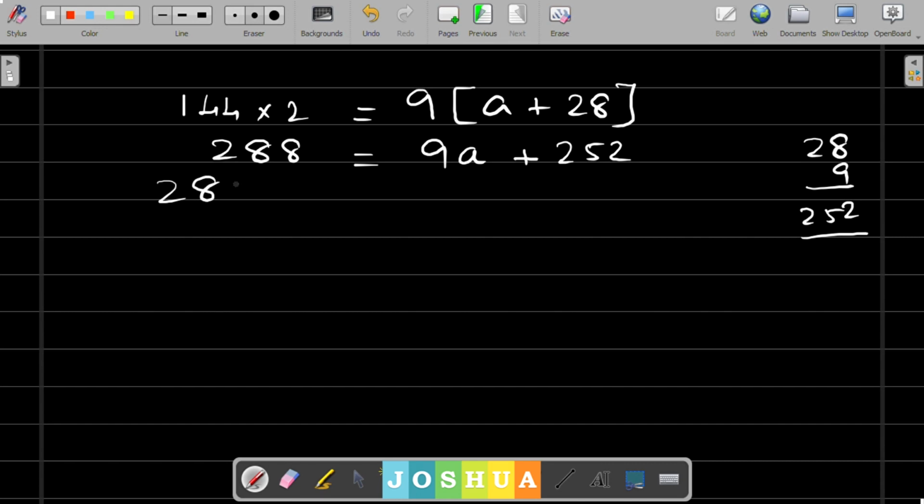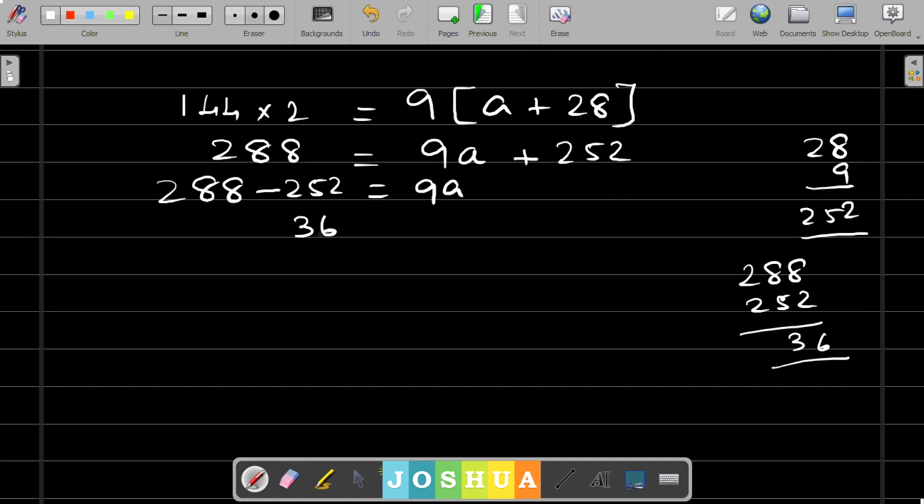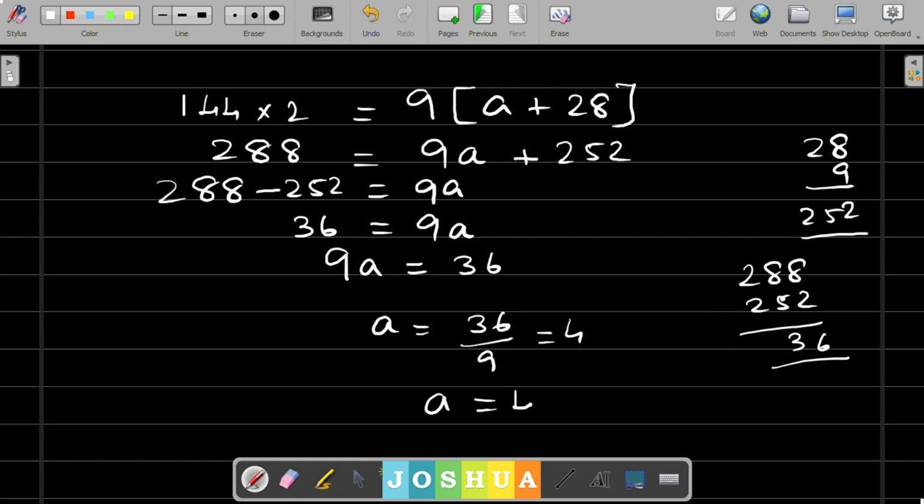So 288 minus 252 is equal to 9A. 8 minus 2 is 6, 8 minus 5 is 3. So 36 is equal to 9 times of A, or A is equal to 36 upon 9, that is equal to 4. So the answer for this last sum is A is equal to 4. With this we come to the end of the third question in 5.3.